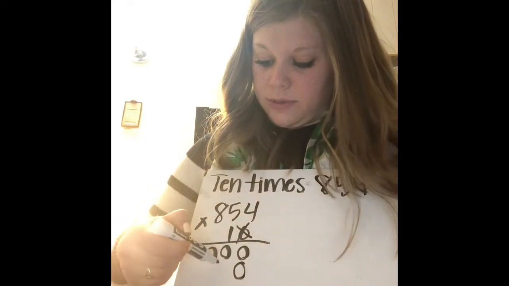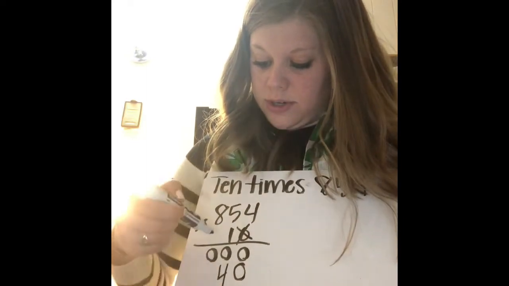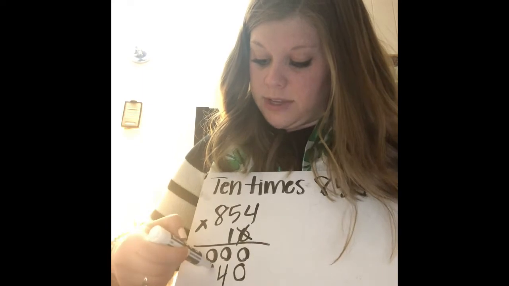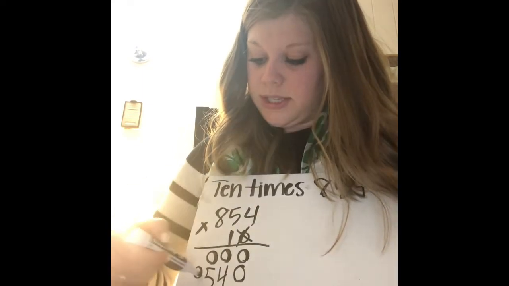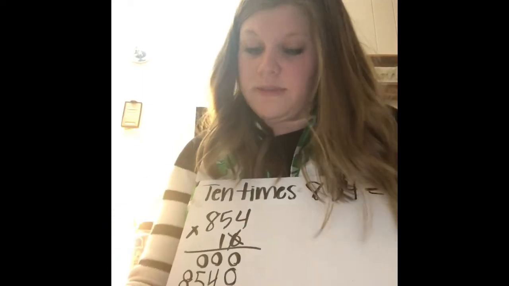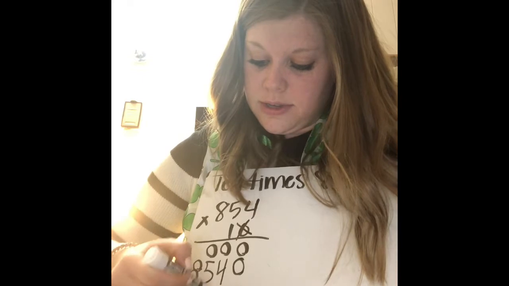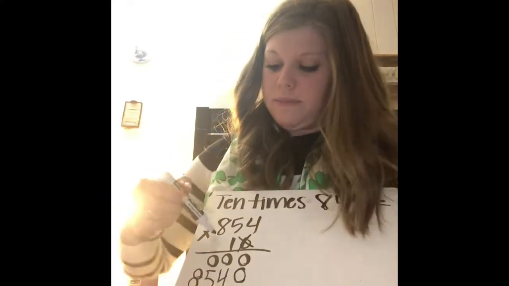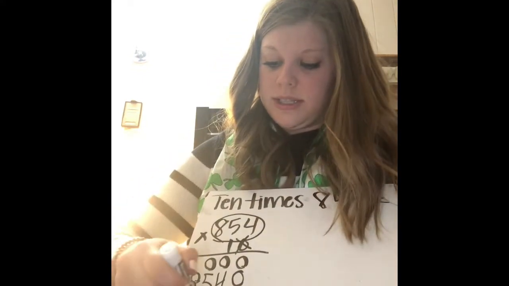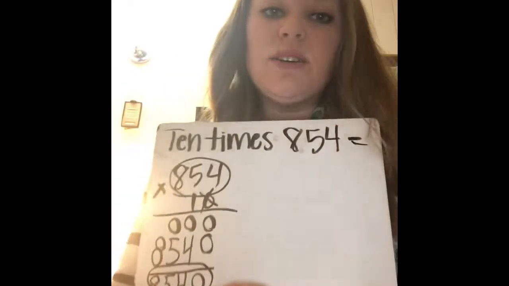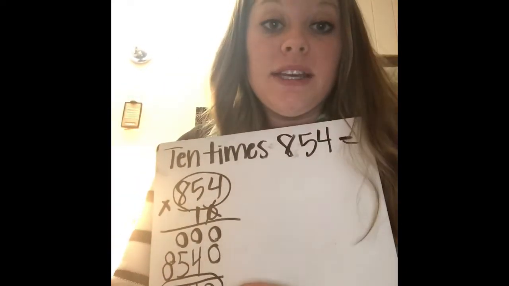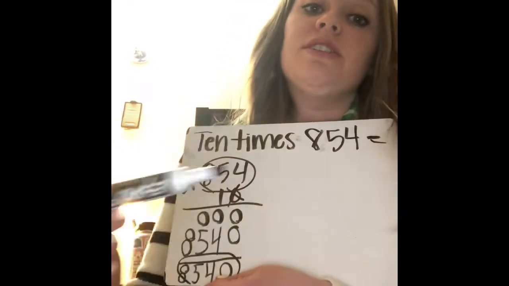Now 1 times 4 is 4. 1 times 5 is 5. 1 times 8 is 8. Add them up, you get 8,540. That is one way to do it. But I mean, what do you notice happens from here to this final answer down here? All we did was add a 0, because when we were dividing, we moved every digit to the right.